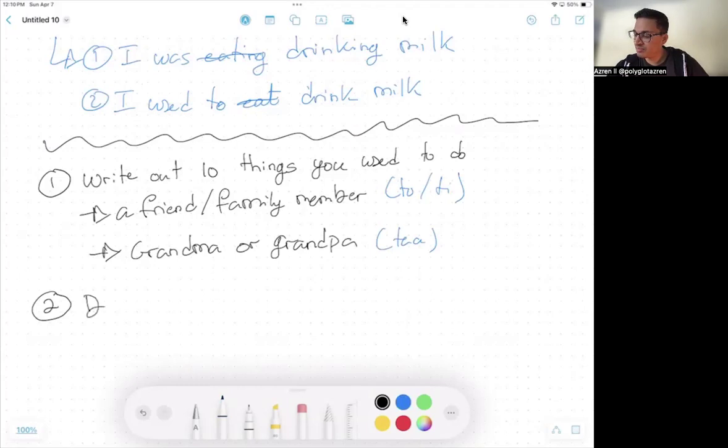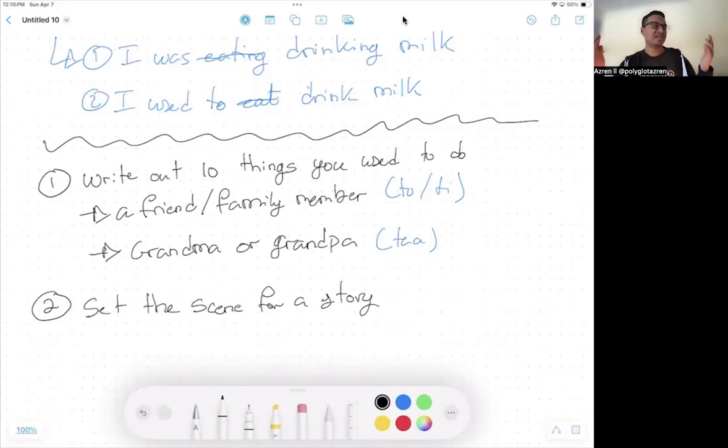Another way to practice, actually even better, is to set the scene for a story. What does that mean? Well, pretend you've opened a book and you're on page 1. You've got to do some world building. Where are we here? Are we outside?